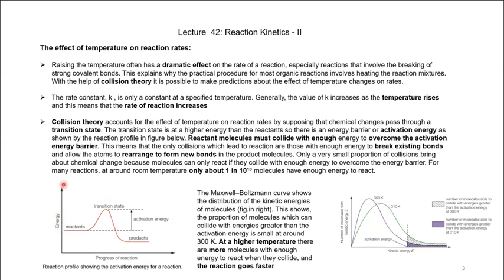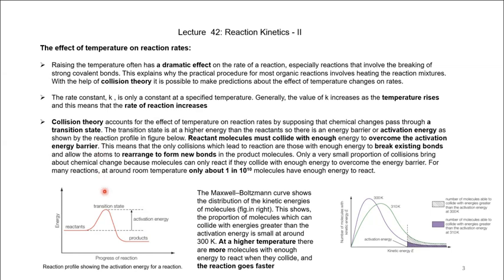Here we have energy, and here is the progress of reaction. We have reactants with this energy, and then we get a transition state, and after the transition state, we get the products. This much energy, we call it activation energy.